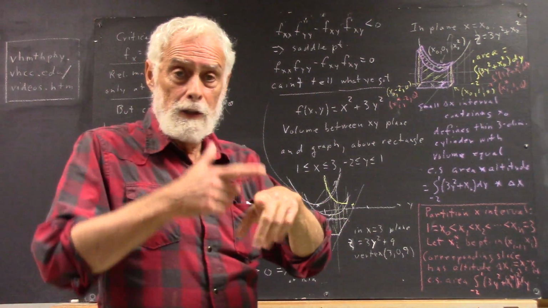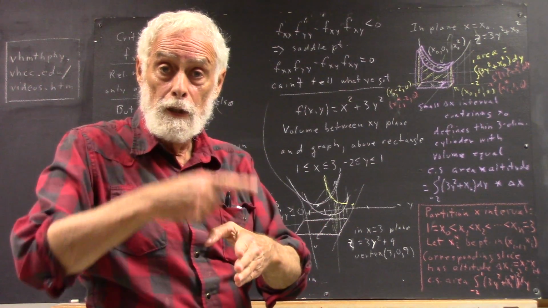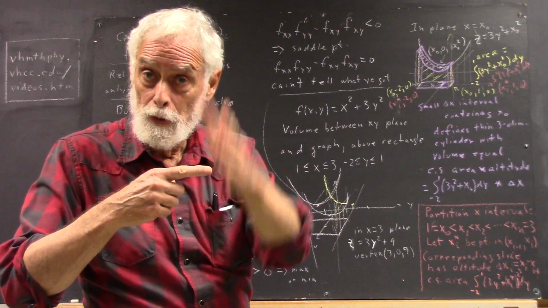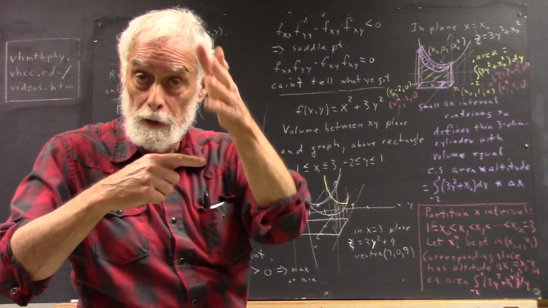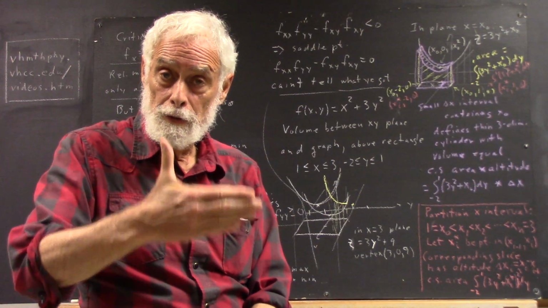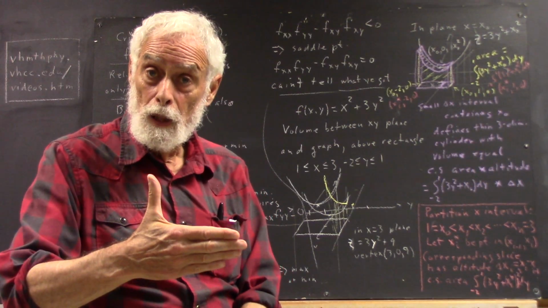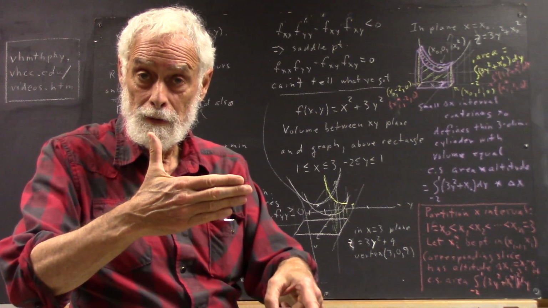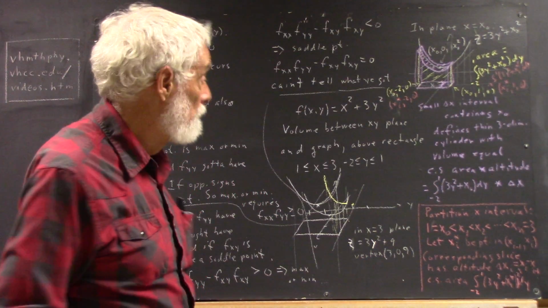Okay, the function can be like this if you cut it in the x direction with a y equals constant plane, a plane parallel to the xz plane. Well, in this direction, cutting it parallel to a yz plane with an x equals constant, it could be like this. That'd be like a saddle.